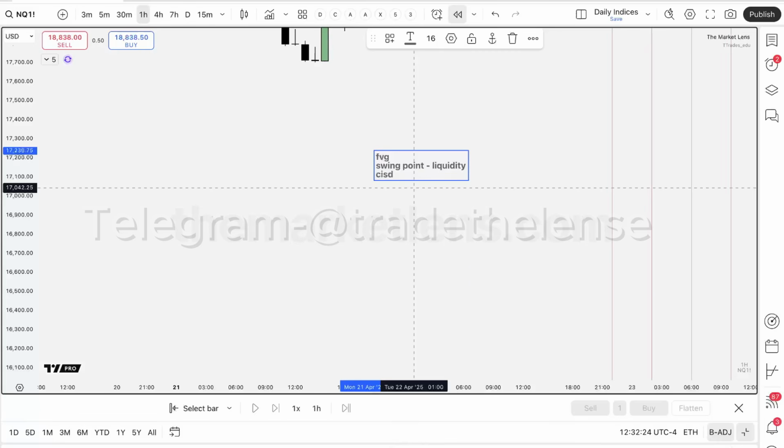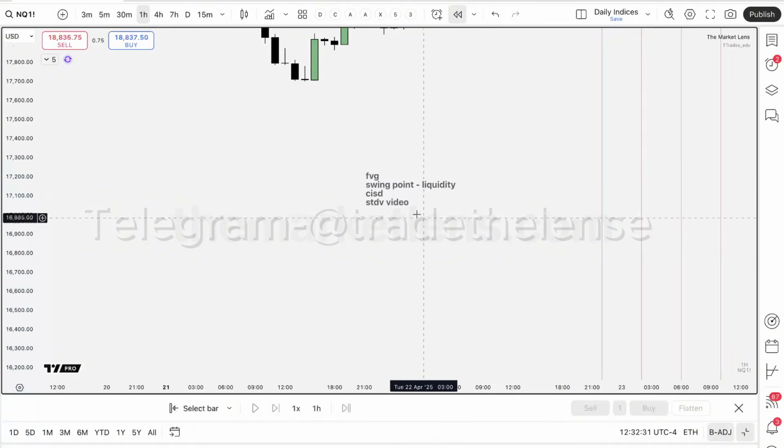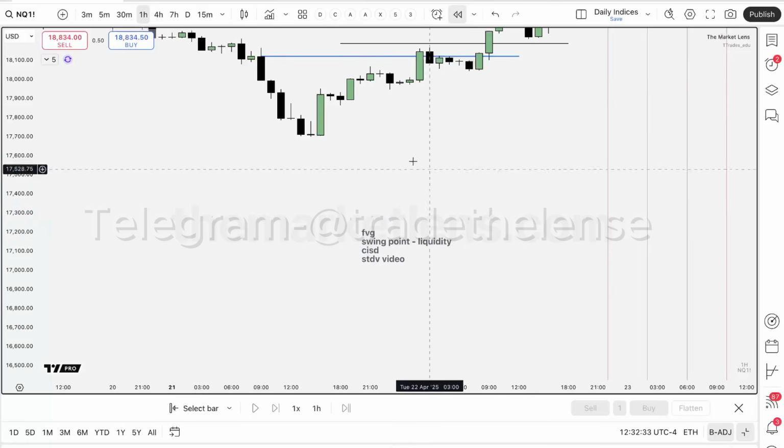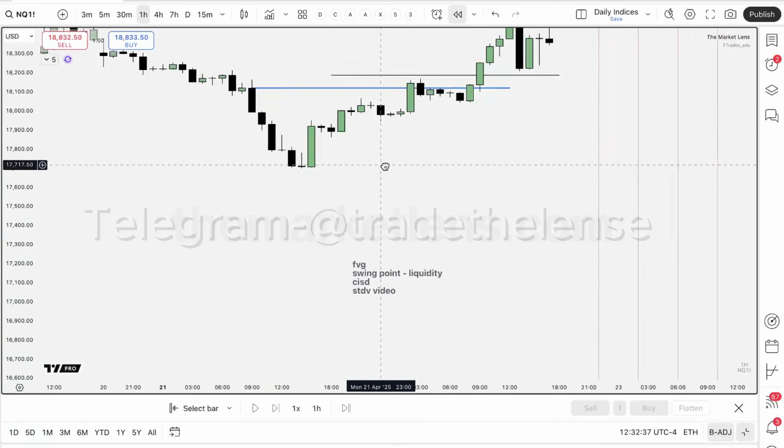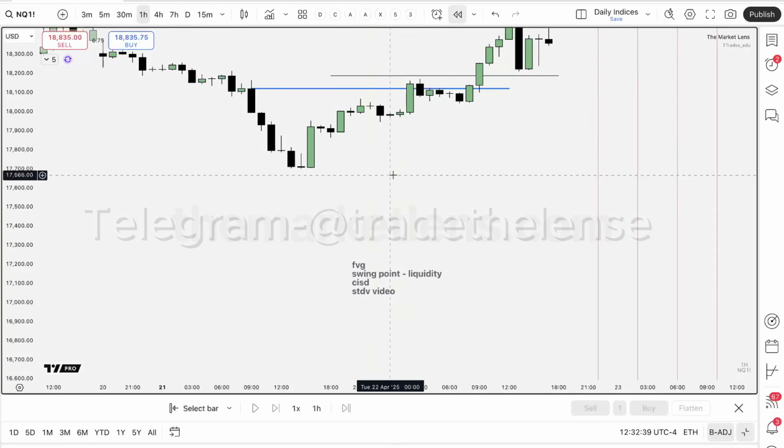Those are the main ones. Or you can watch my standard deviation video. As you guys know, it's more of a confluence for me. If you understand those, I think you can get a grasp on the pattern of my model, and then it comes down to understanding the higher time frames, the daily bias, all of that.